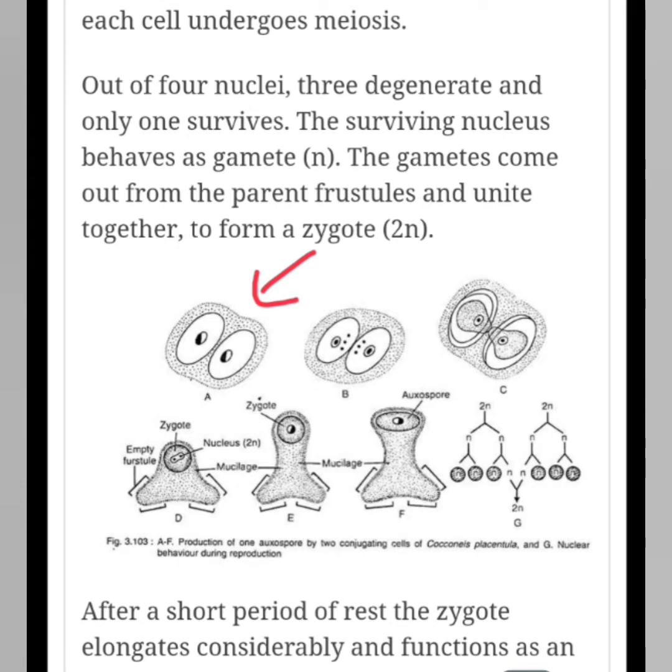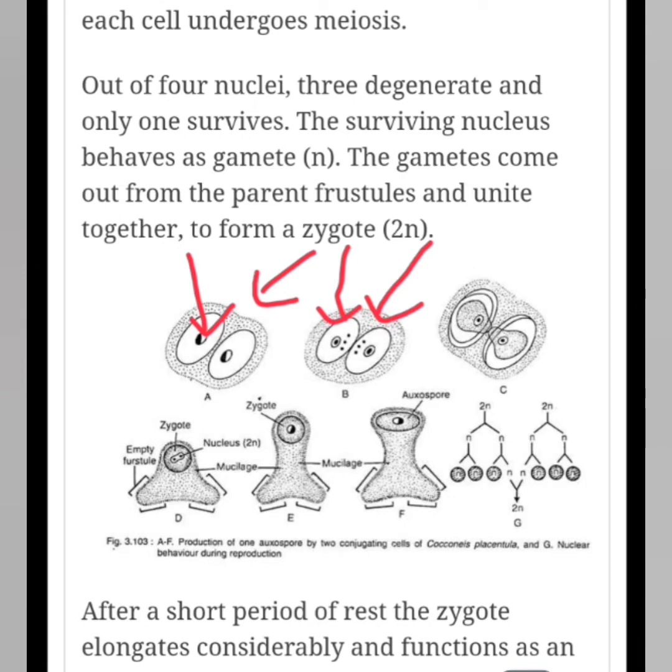And what happens in figure B? Just take a look at the nuclei. There are 4 nuclei in each cell. That means the single nucleus undergoes meiosis to give rise to 4 nuclei.